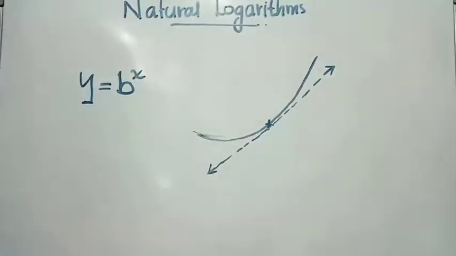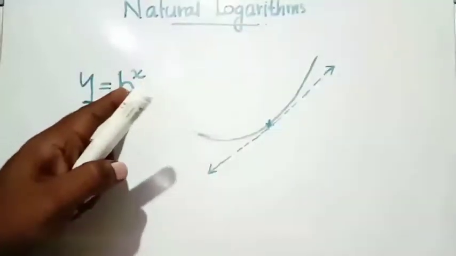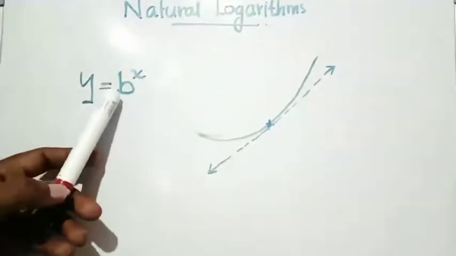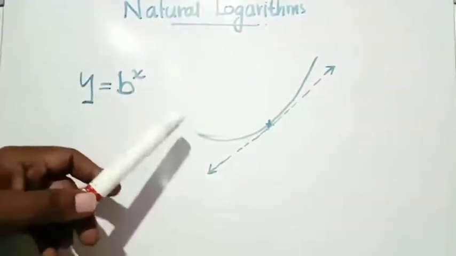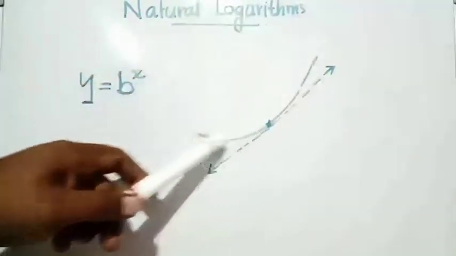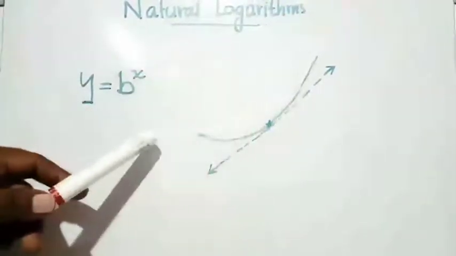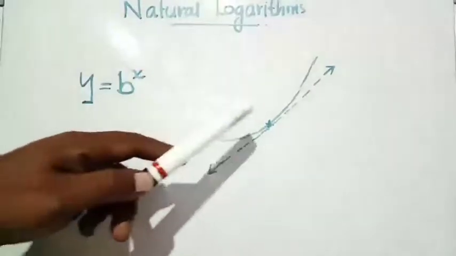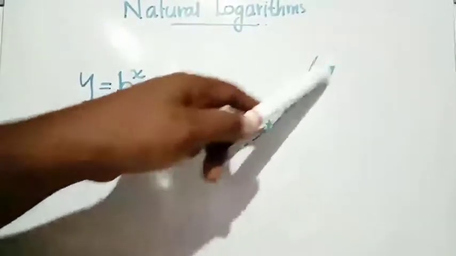Let us consider one equation: y is equal to b raised to x. It is an exponential equation, and when we draw the graph of this equation, we get a curved graph. Let's take a point and draw a tangent.